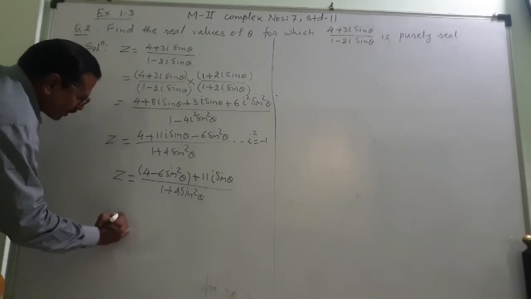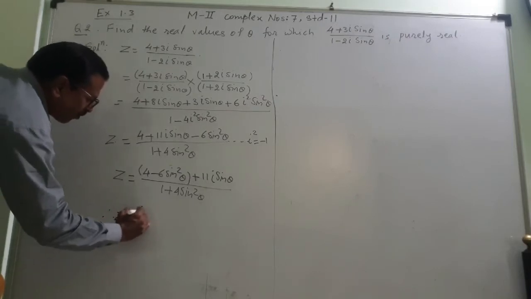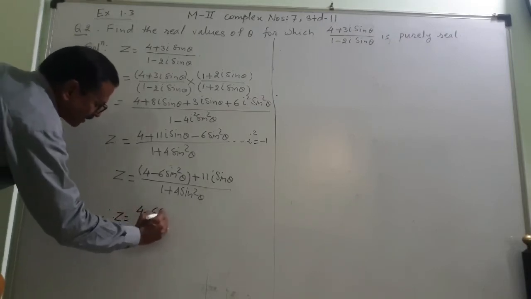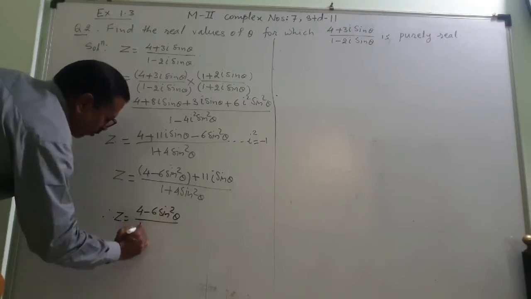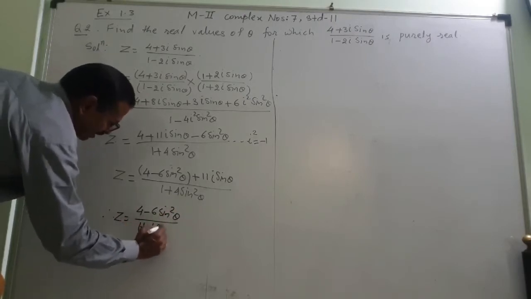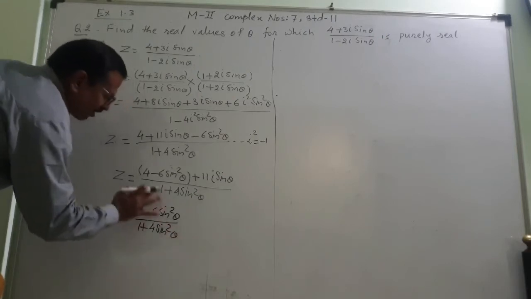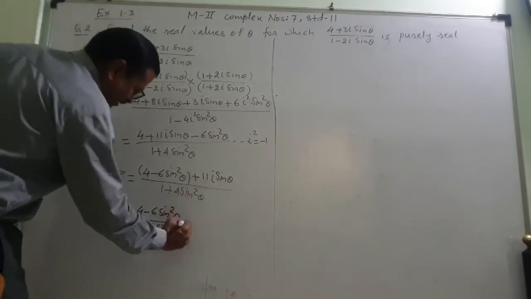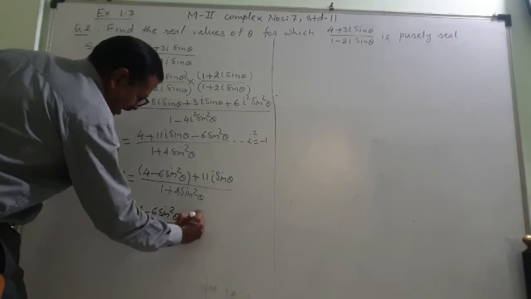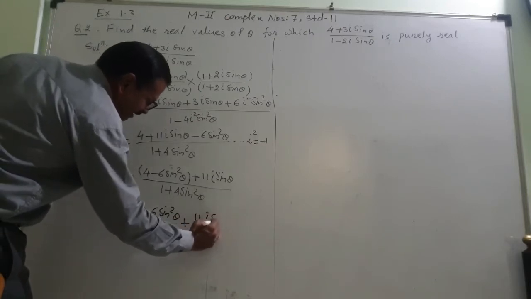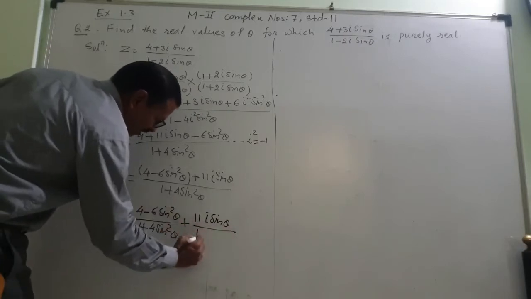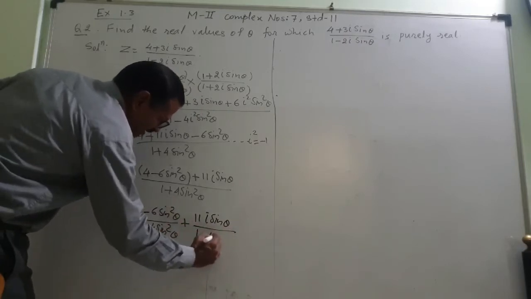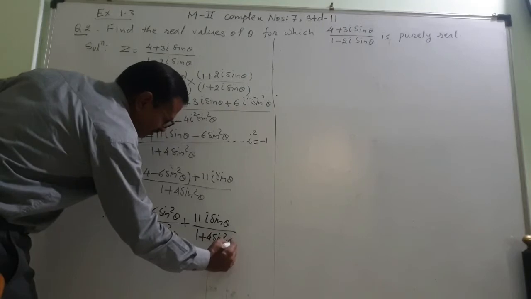Therefore, z is equal to (4 minus 6 sin square theta) upon (1 plus 4 sin square theta), denominator I have separated, plus 11i sin theta upon, for this also this is the denominator, 1 plus 4 sin square theta.